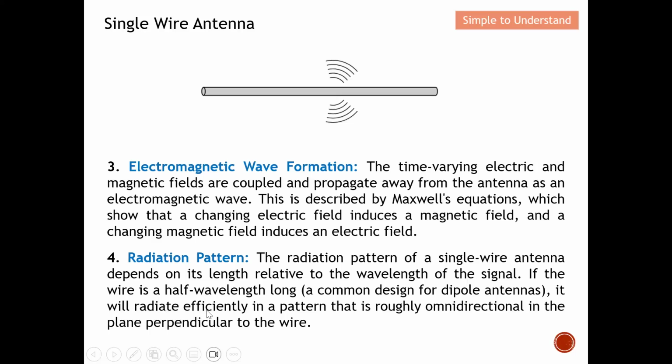It will radiate efficiently in a direction that is roughly omnidirectional in the plane perpendicular to the wire. You can also see the video on the radiation pattern, but in short, if the length is half a wavelength, then it will be like an omnidirectional antenna, radiating out in the form of omnidirectional radiation.